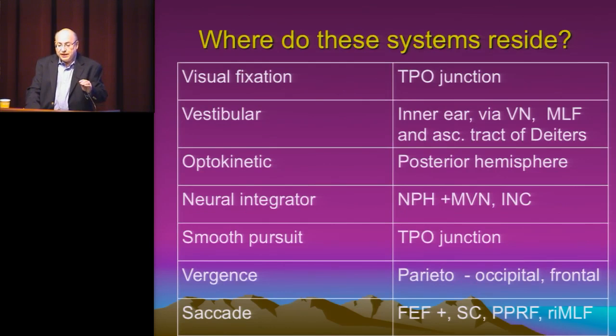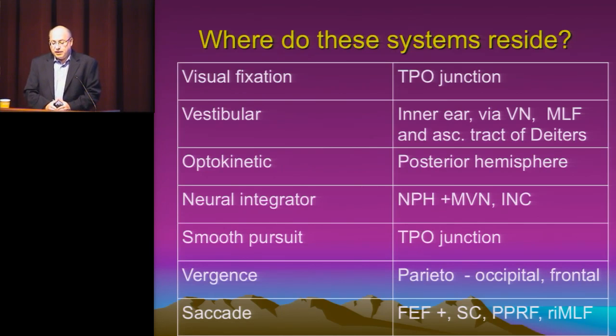So to review where these systems are in the brain, visual fixation is temporal parietal occipital junction. Vestibular begins in the inner ear via the vestibular nuclei into the MLF and the ascending tract of Deiters up to the oculomotor nuclei. Optokinetic is, again, probably mostly parietal, posterior hemisphere, very close to where smooth pursuit is.